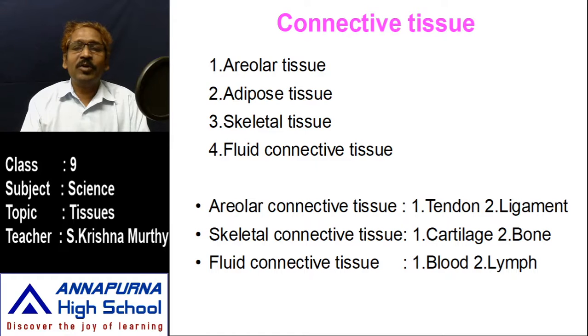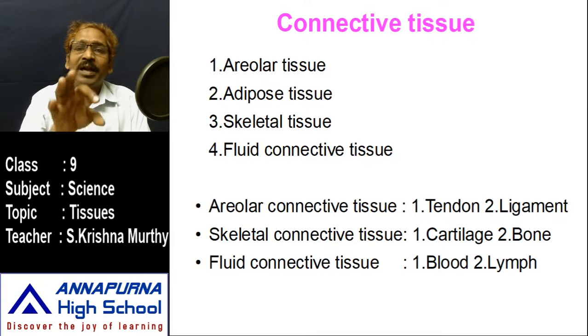What are cartilage and bone? Cartilage: the nose is made up of cartilage, the ear is made up of cartilage, the trachea is made up of cartilage. These kinds of parts are present inside our body, like bone but not bone, to protect from the external or internal environment.